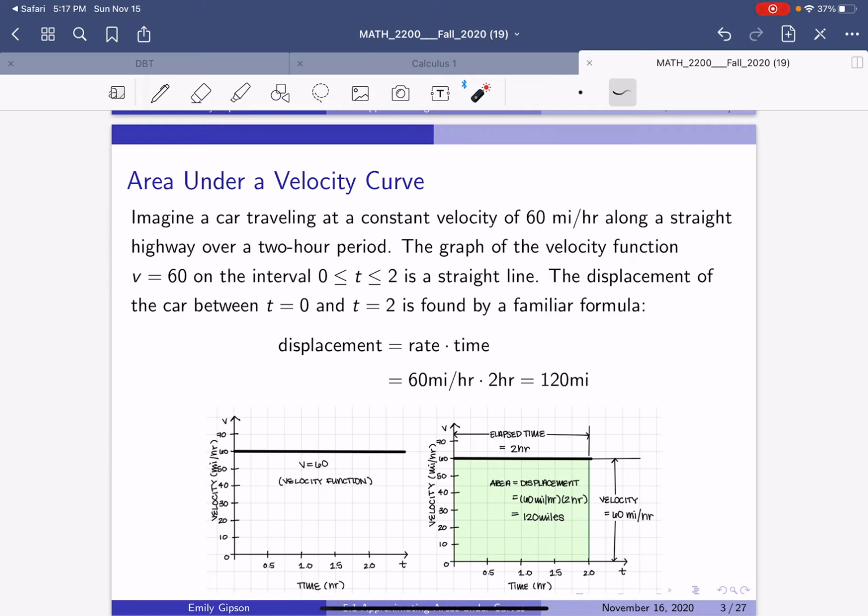So 60 times 2 is 120. We traveled 120 miles. And as it turns out, that 120 is exactly the area underneath the curve of our velocity function. So all this area shaded in green adds up to be 120 miles. And that's simply from taking 2 hours, my elapsed time, times velocity, which is 60 miles an hour. We just get the area under the curve of a rectangle.